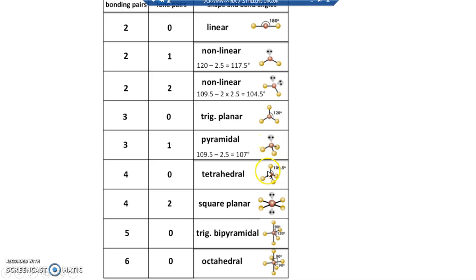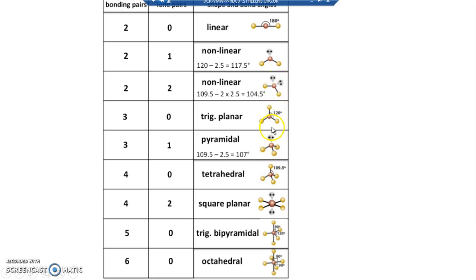And if you remember, every time in a tetrahedral shape, with 4 bonding pairs, one of the bonding pairs becomes a lone pair, you subtract 2.5, so 109.5 take away 2.5 is 107. And the same thing works here for something like water, H2O, where you've got O in group 6, so 6 in its outer shell. 2 of them are involved in bonding pairs, and then there's 4 left over for 2 lone pairs.